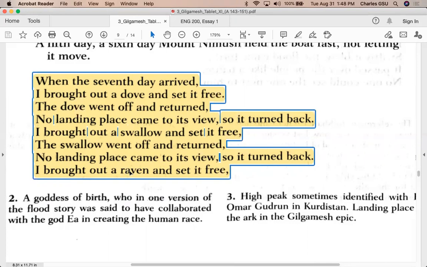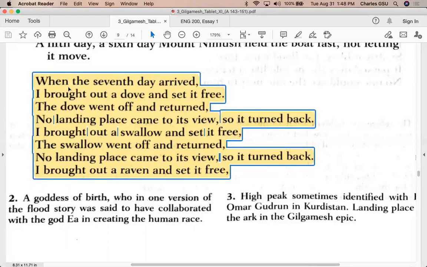Typically a raven is jet black, and a dove can be either kind of a tawny brown color, or it can be what we classically think of as the dove of peace, a white dove. But here, remember, the story is much older than Genesis.